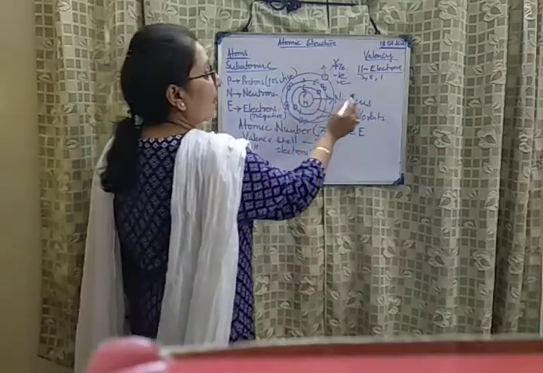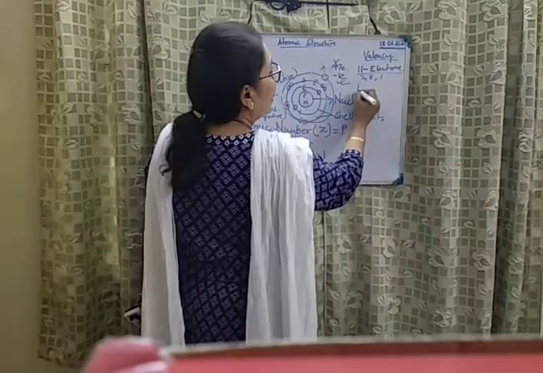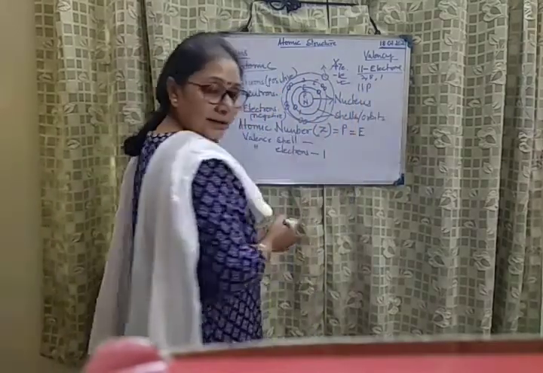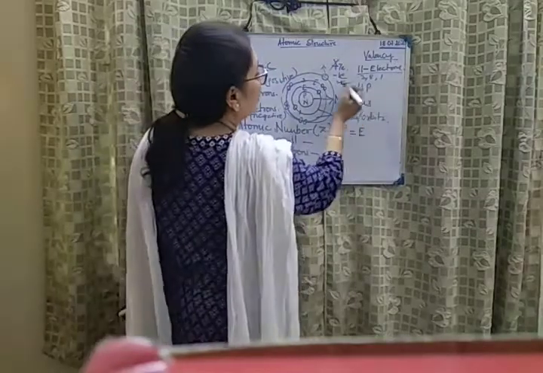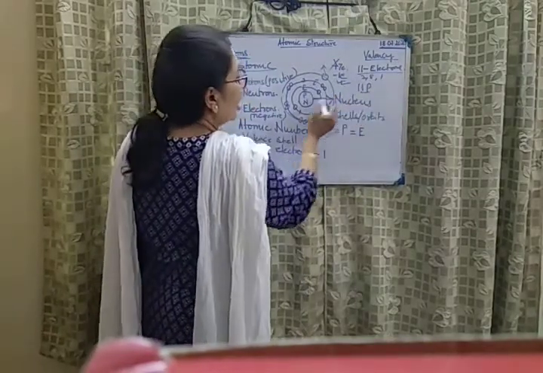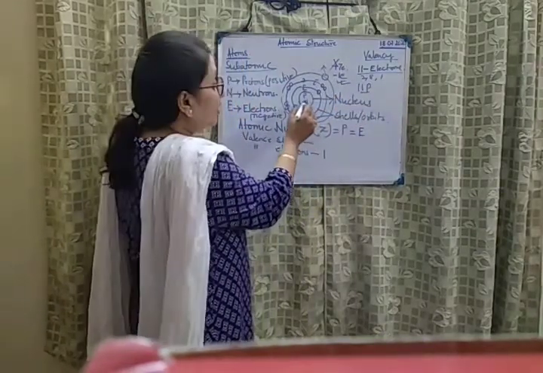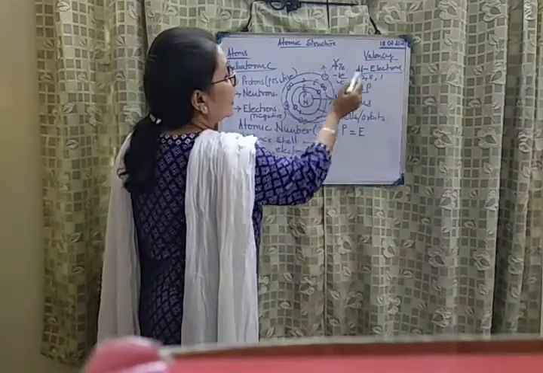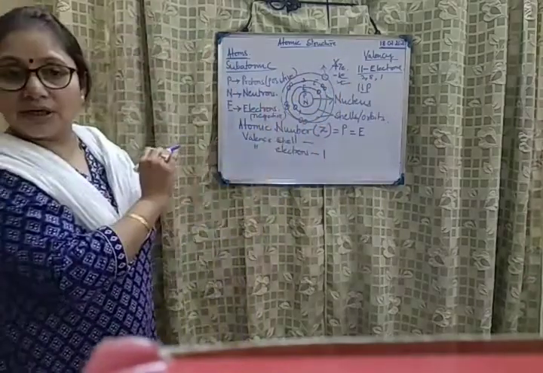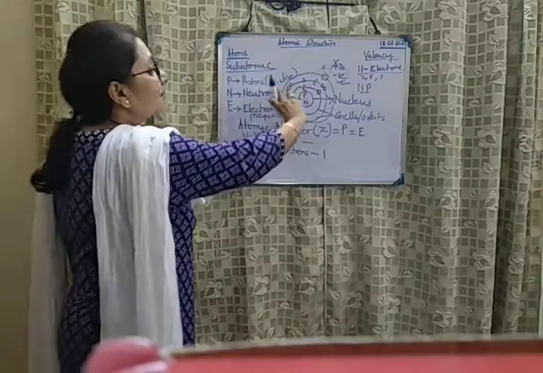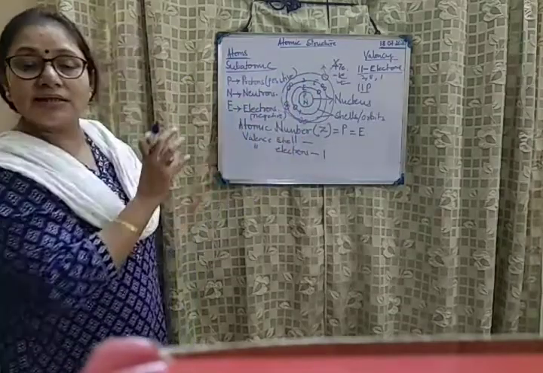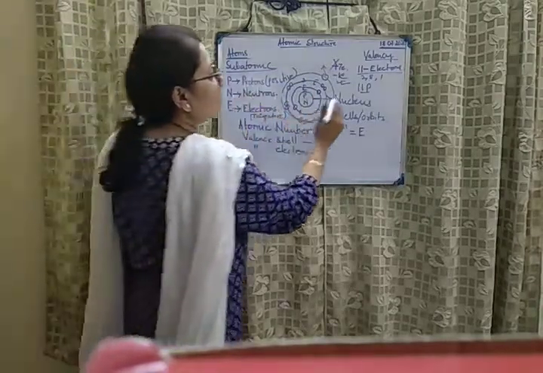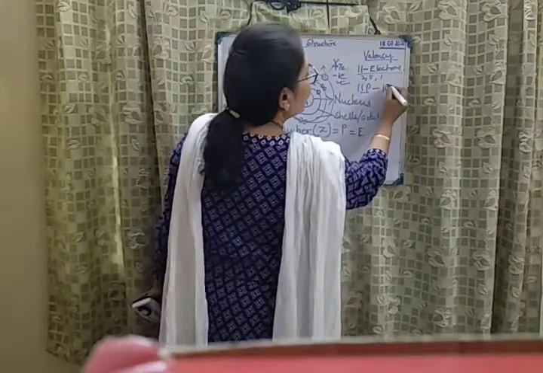In this atom, if 11 electrons were there, 11 protons were also there. So 11 protons are there in the nucleus, but out of 11 electrons, 1 electron it is donating, so that it attains the stable number of 8 in the second shell. As a result, 11 protons minus 10 electrons.